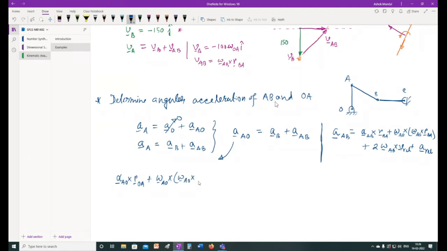Many of you may be thinking why we should complicate this simple problem with so many equations, so many terms. Because if you understand the application of this methodology on a simple problem, then only you can solve a complicated problem.